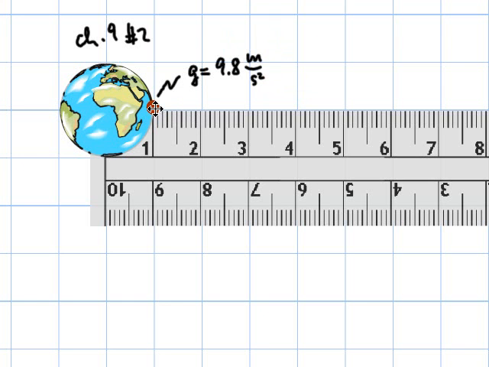And now we're moving out 4 times further. So there we go. And then of course the question is, well, what's the gravitation out there, the acceleration due to gravity?